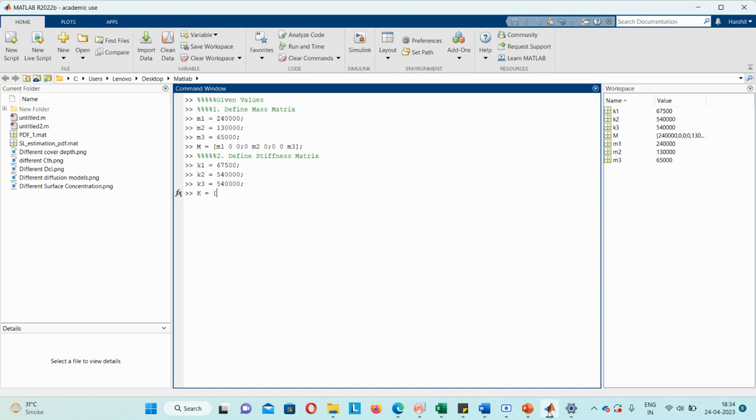Now we need to write the stiffness matrix. So the stiffness matrix is given by K1 plus K2, minus K2, 0; minus K2, K2 plus K3, minus K3; and 0, minus K3, K3.